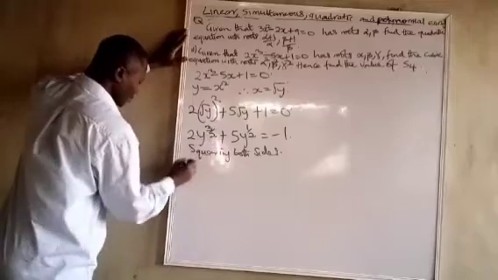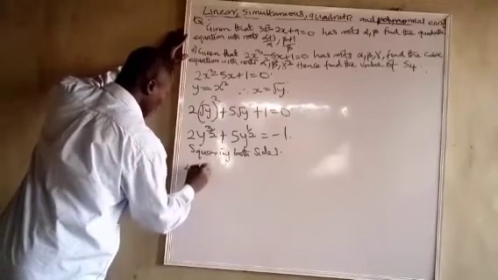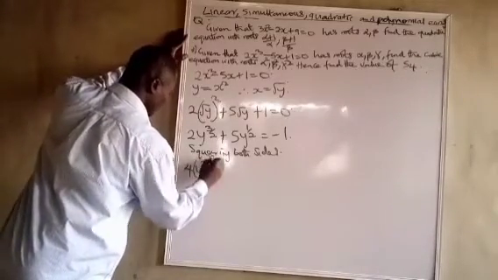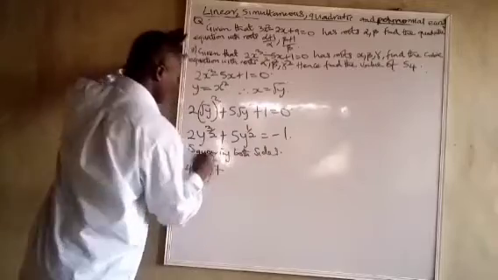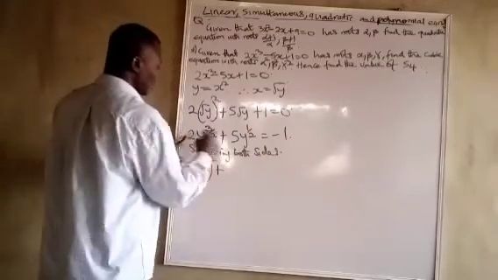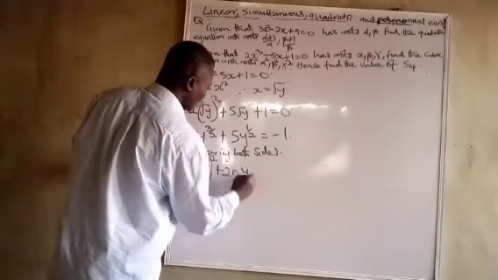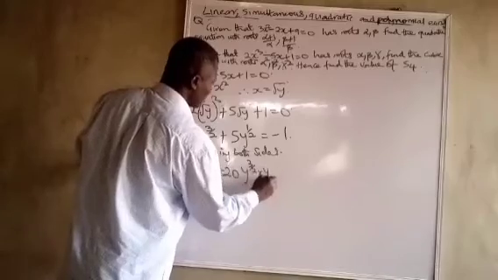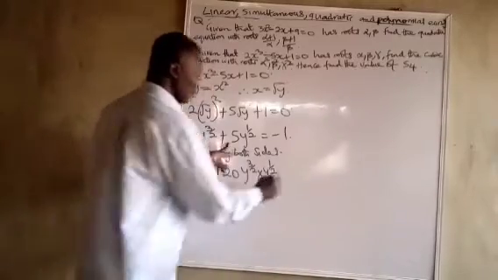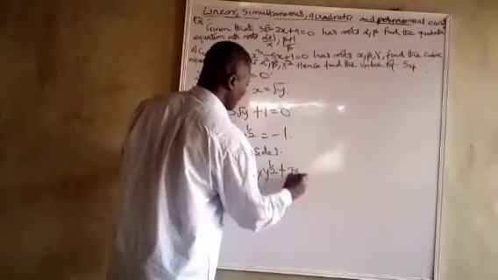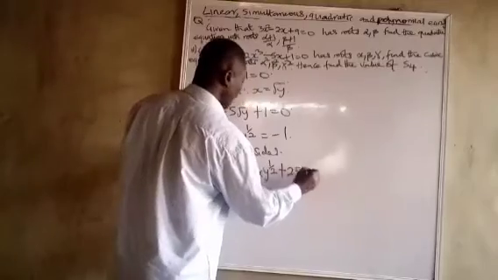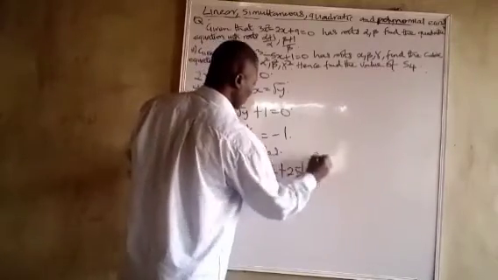This will give me 4 times y raised to power 3 over 2 squared, plus 2 times 2 times 5, that's 20, y raised to power 3 over 2 times y raised to power 1 over 2, plus 25 times y raised to power half squared, is equal to 1.